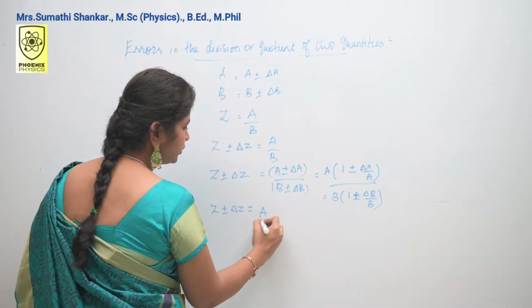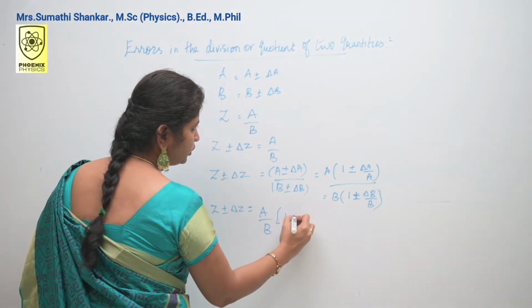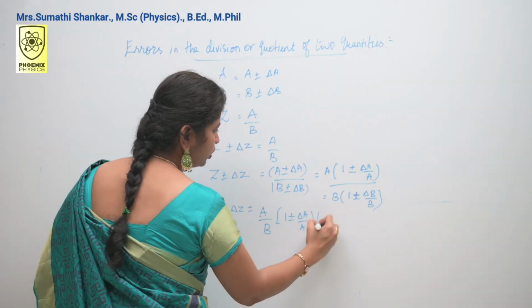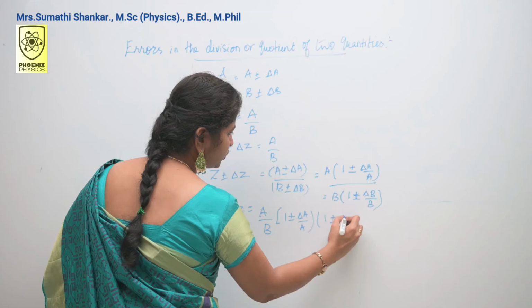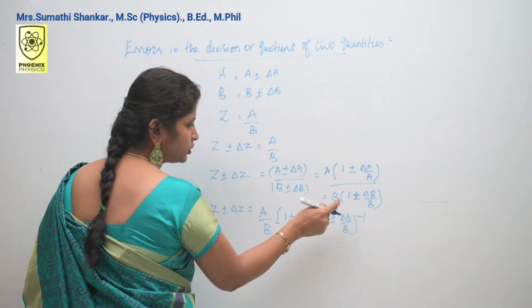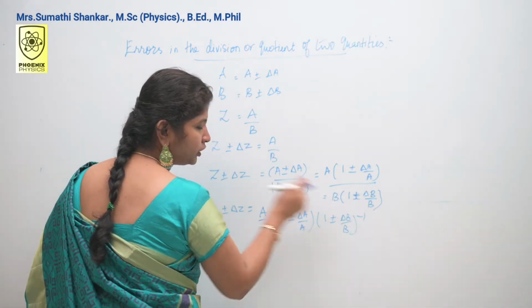Simply write it as A by B, 1 plus or minus delta A by A, 1 plus or minus delta B by B to the power minus 1. Suppose if you bring this denominator to the numerator, it means the power is minus 1.